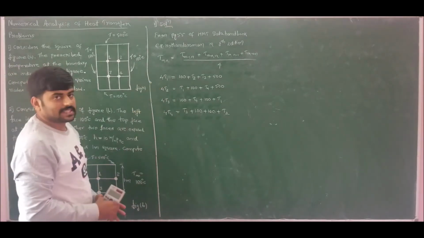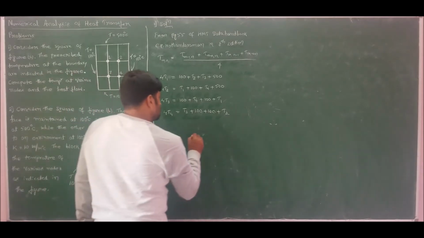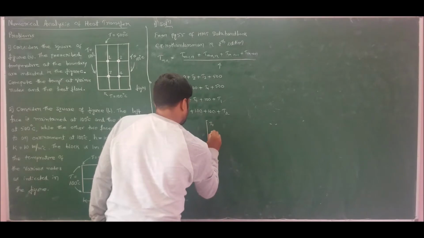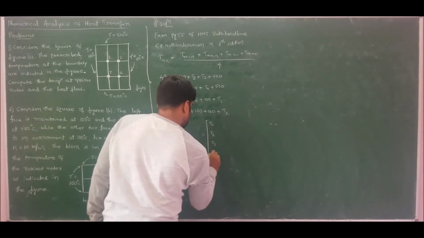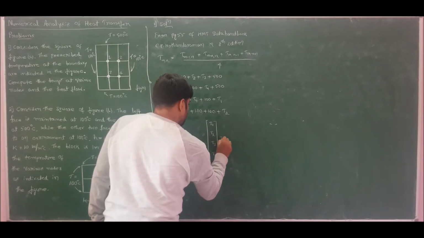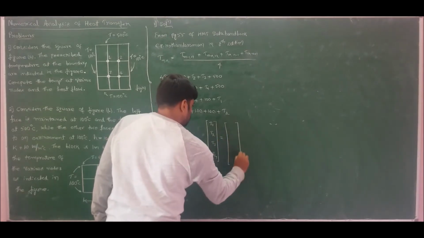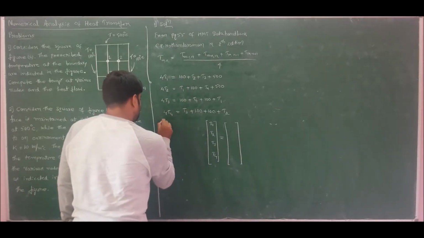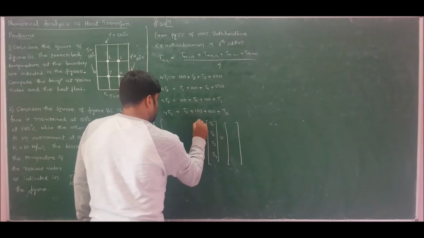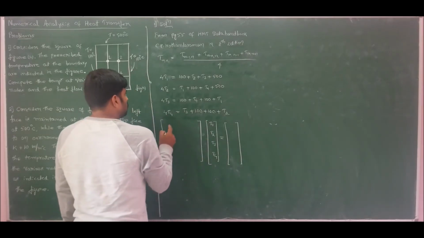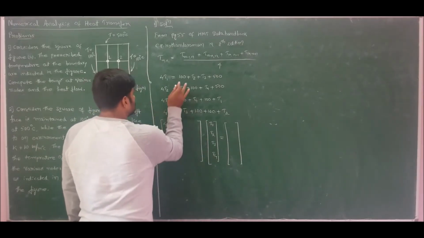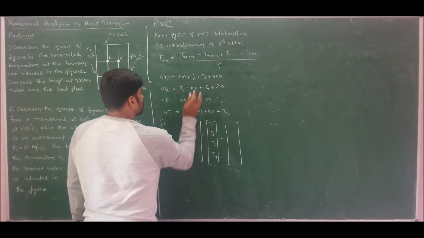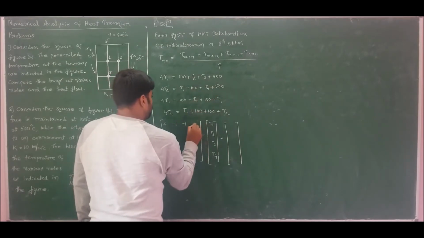Now I can represent this in matrix form. The unknowns are T1, T2, T3, T4, and I write the coefficients on one side and the known values on the other, so that it is of the form Ax is equal to B. The coefficient of T1 is 4, then minus T2, minus T3, and we don't have T4.